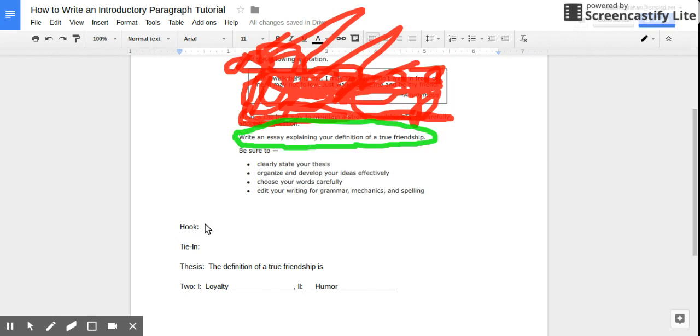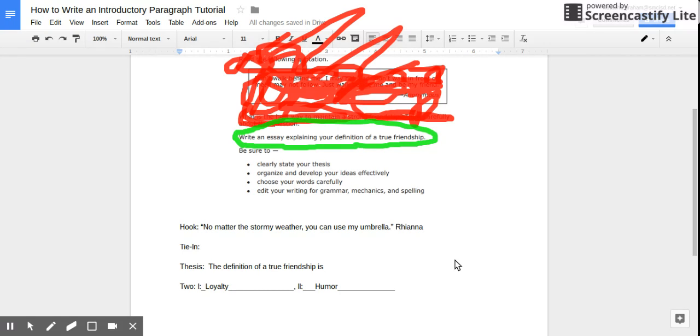So I'm going to choose for my hook a line from Rihanna's Umbrella, because that is the song that my best friend and I always sing to each other. And it's no matter the stormy weather, you can use my umbrella. Now, this is by somebody. So what I want to do is I want to attribute it to them. And I'm going to put Rihanna's name right there.